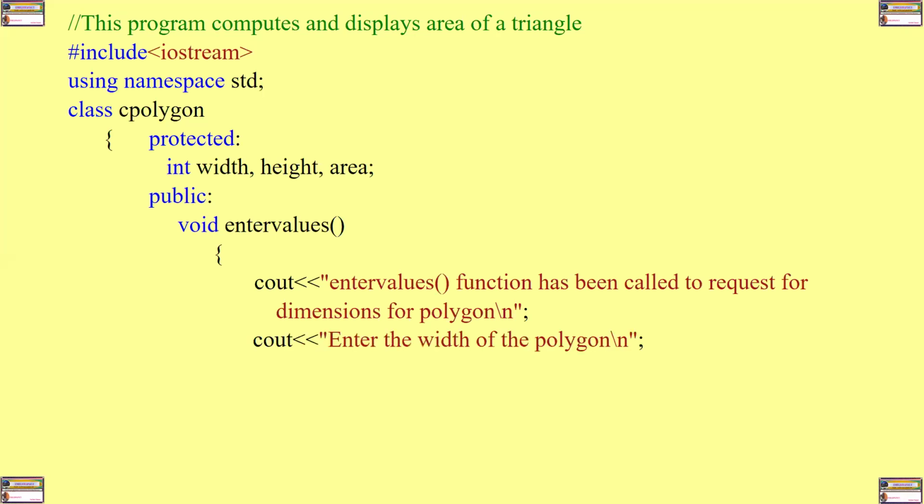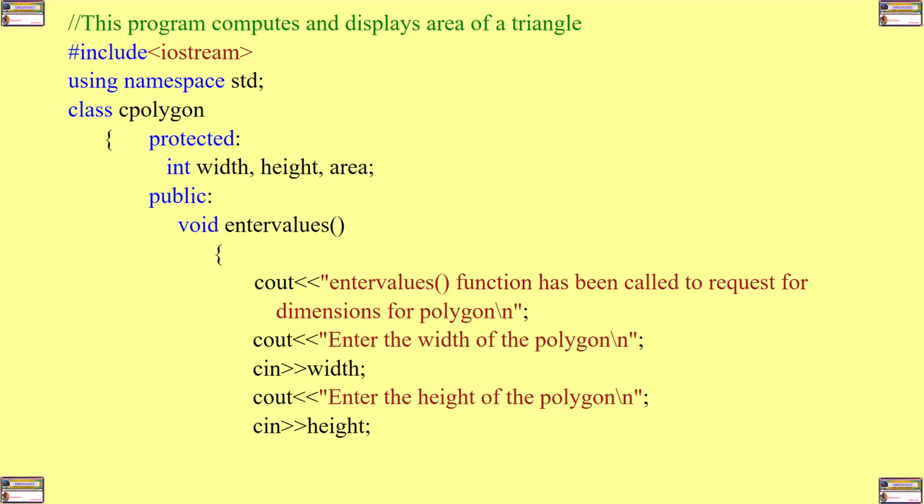So it is displaying the name of the function that has been called. It's prompting the user to enter the width and the height of the polygon. And that's what that method is doing. And that's the end of our class definition.